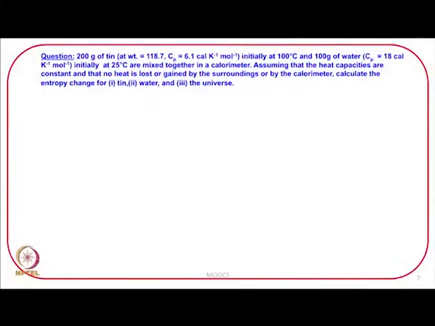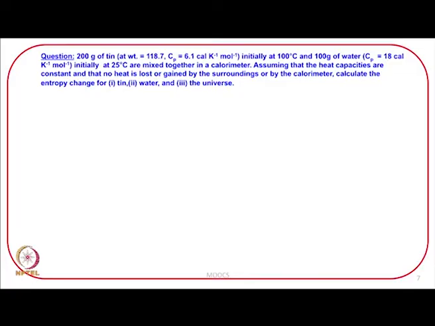Let us take a look at this question now. 200 gram of tin, atomic weight 118.7, heat capacity is given as 6.1 calorie per Kelvin per mole, initially at 100 degrees Celsius, and 100 gram of water, Cp is given as 18 calorie per Kelvin per mole, initially at 25 degrees Celsius, are mixed together in a calorimeter.